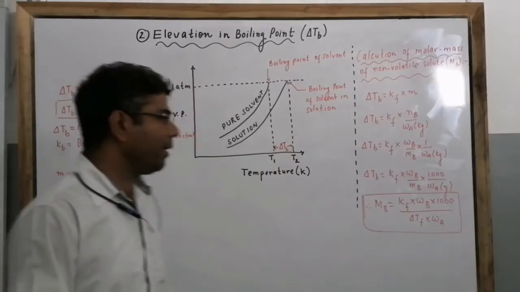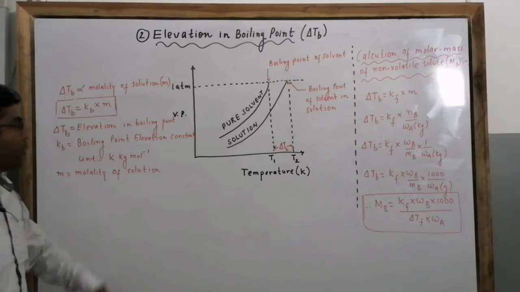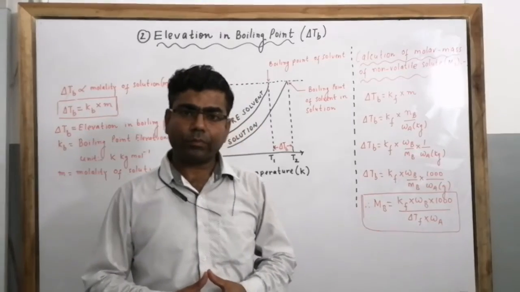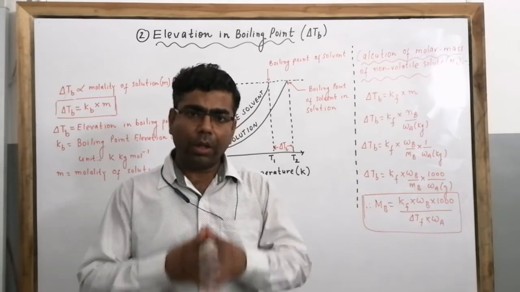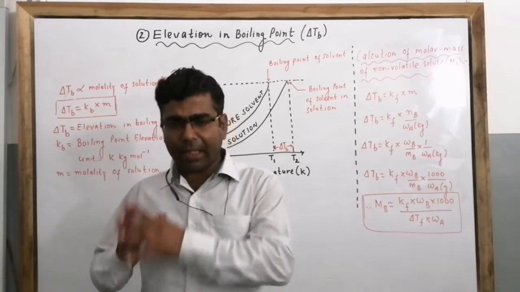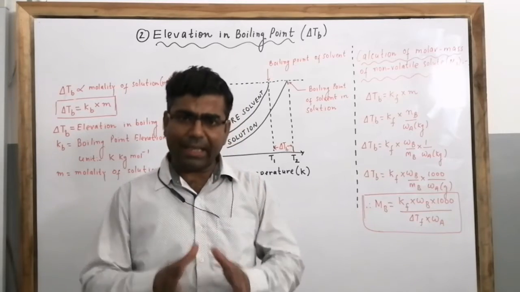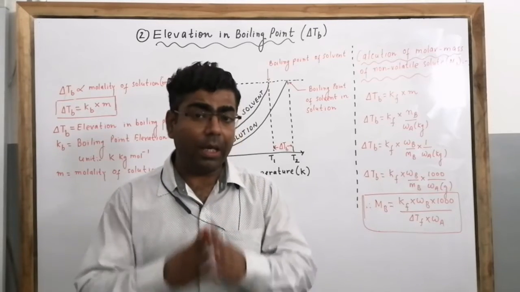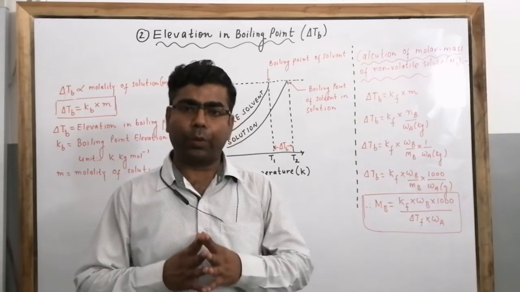Now, it was found that elevation in boiling point, delta Tb, is directly proportional to the molality of the solution, that is m. And you know very well that molality of the solution depends on the number of moles of solute. It means delta Tb also depends on the number of moles of solute. Hence, we can say that delta Tb, or elevation in boiling point, is a colligative property because it depends on the number of moles of solute.